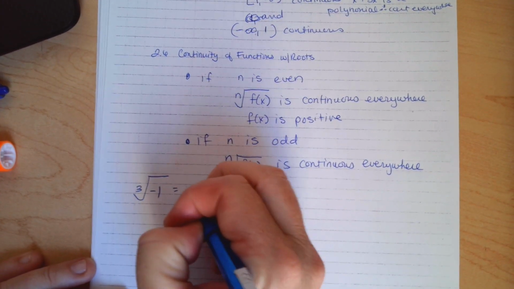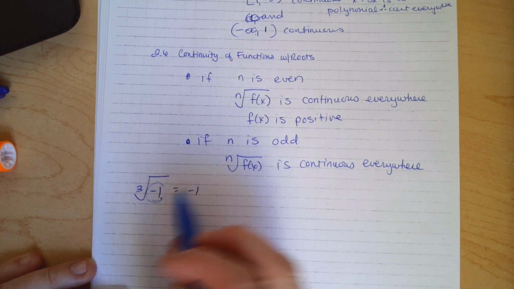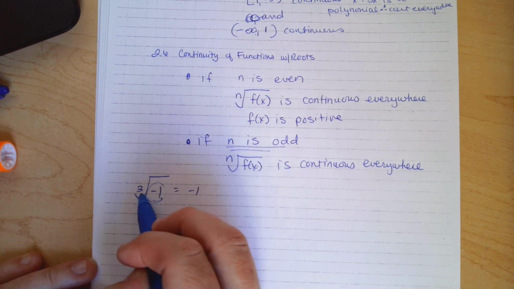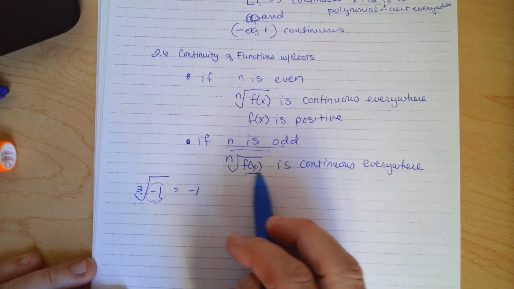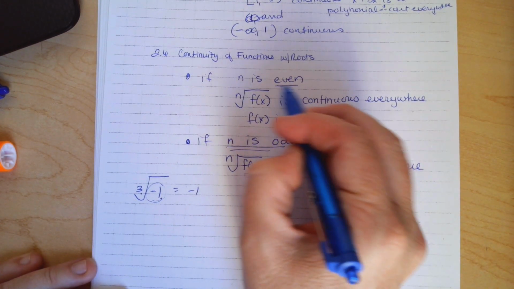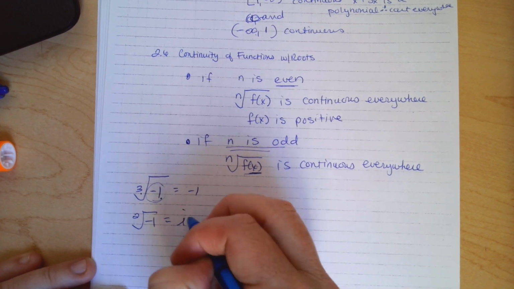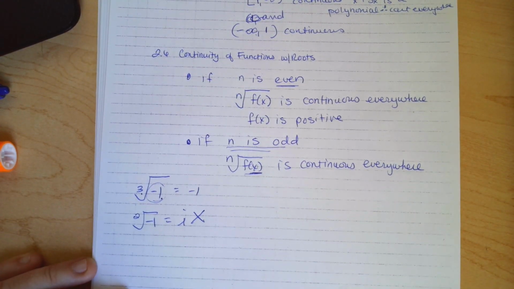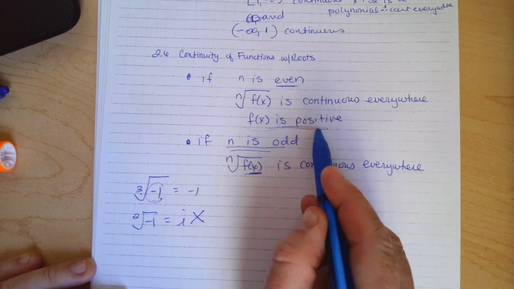This can have a negative answer, right? So for f of x, if n is odd, we don't have to worry about f of x being positive. But if n is even, like the square root, we're not dealing with i's here, so f of x has to be positive.